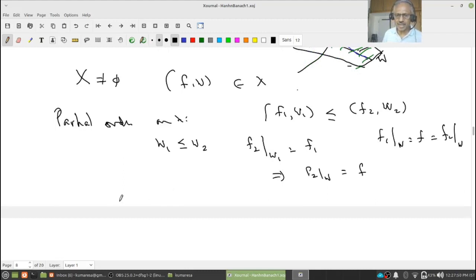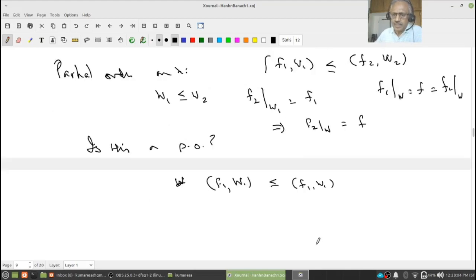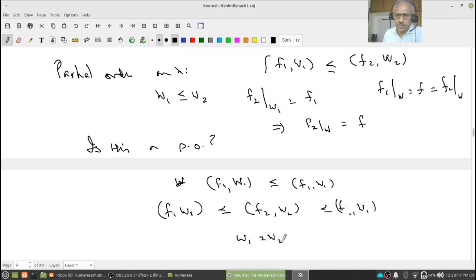Okay. And is this a partial order? Yeah, that is very clear, because if I have some (F1, W1), then that is less than or equal to (F1, W1). And if you say (F1, W1) is less than or equal to (F2, W2), and that is less than or equal to (F1, W1), what does that mean? That means W1 equals W2, and hence it follows F1 equals F2.